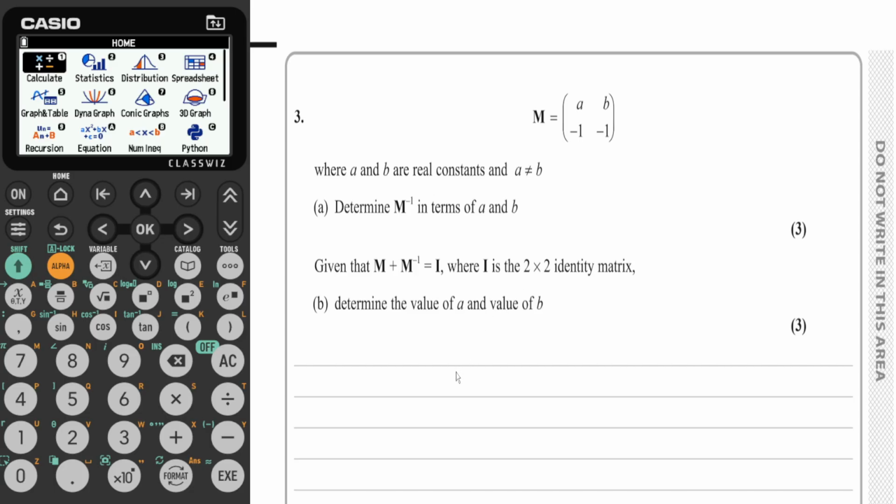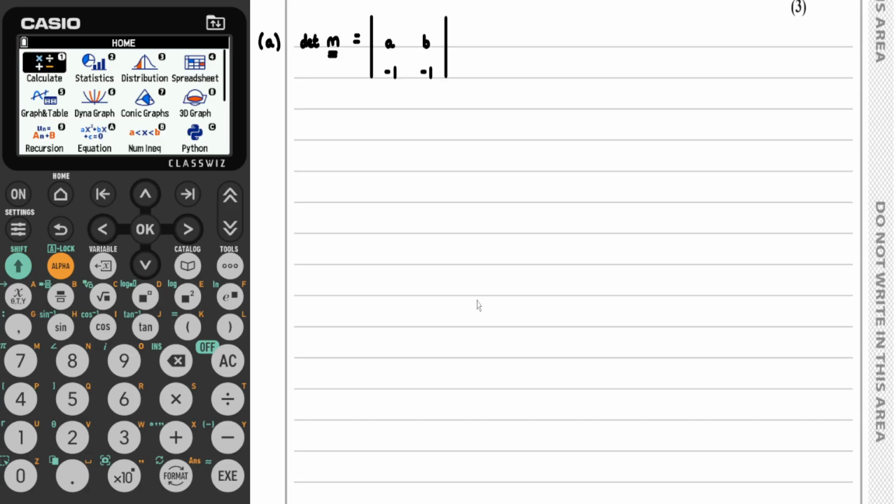To begin with, we need to find the determinant of M, and that's shown here. So we have a multiplied by negative 1 subtract b multiplied by negative 1. The determinant of M is given by b subtract a.